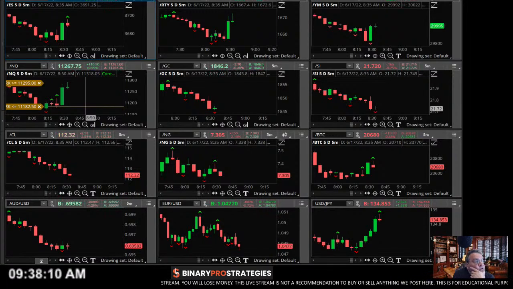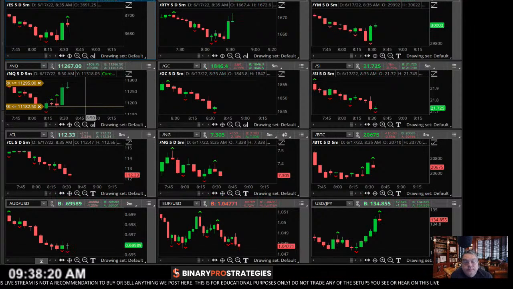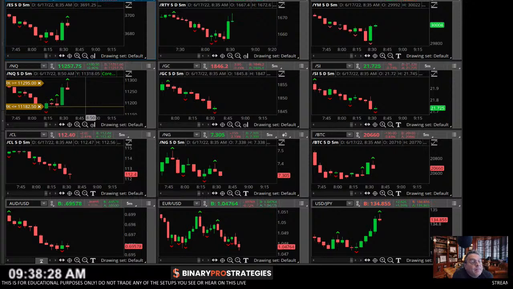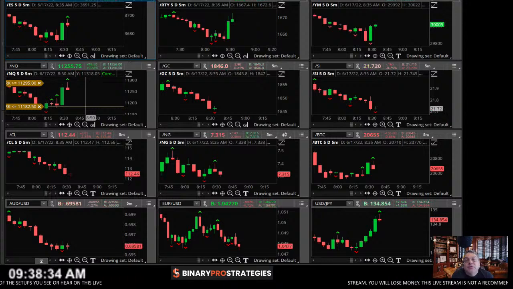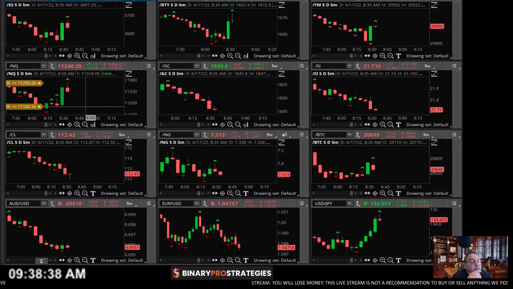All right, so just long right now on this mini Nasdaq. Looking for a short coming up on natural gas. Gas has a tendency to move pretty quickly, so it's one of those you'll want to pounce on pretty quick. If you blink, sometimes you can miss some of these trades here. At least recently it has been that way.